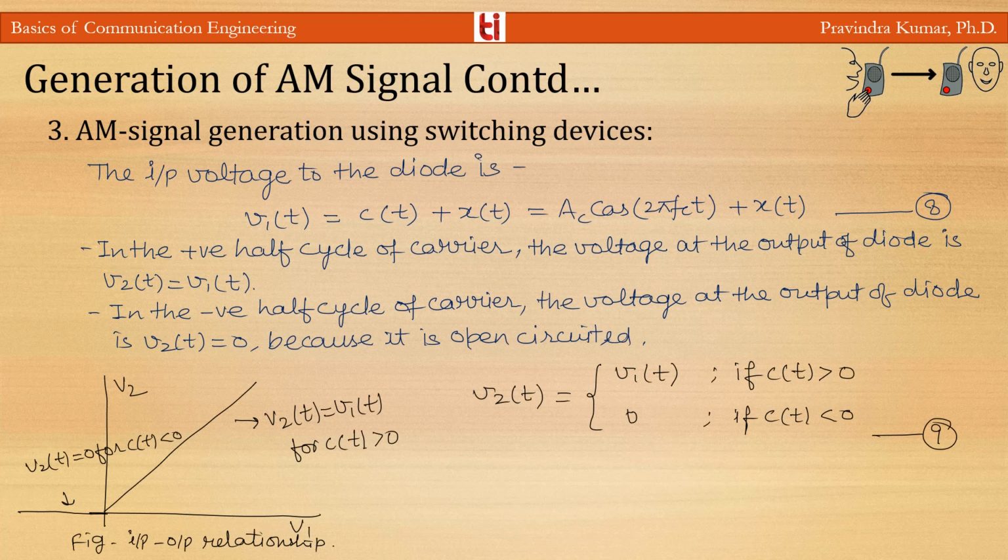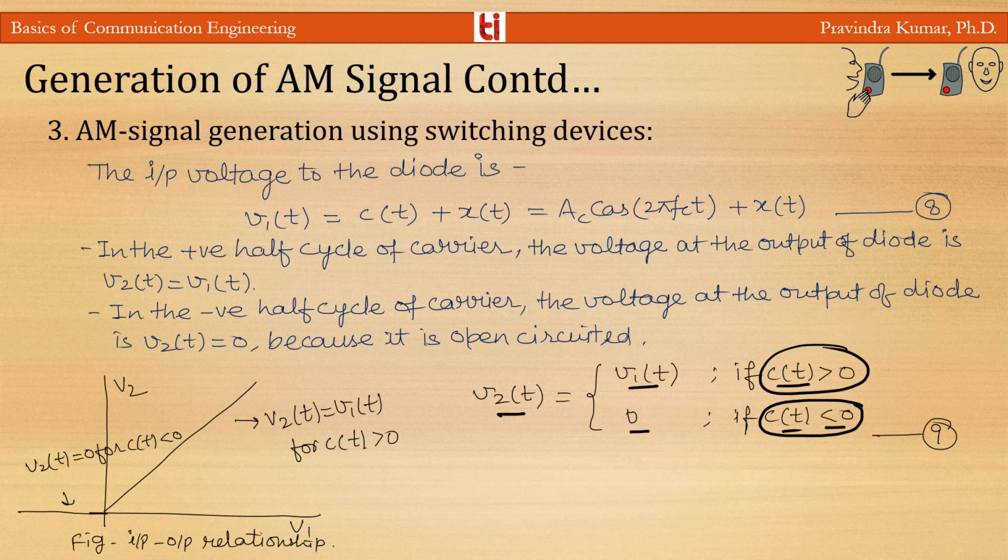So the diode on-off action is controlled by the carrier signal c(t). We can say that the diode will be forward biased when the carrier c(t) is greater than 0 or positive, and it will be reverse biased when c(t) is less than 0. So v2(t) will be equal to v1(t) if c(t) is positive, and v2(t) is 0 when c(t) is negative, because in one condition the diode is off and in the other the diode is on.